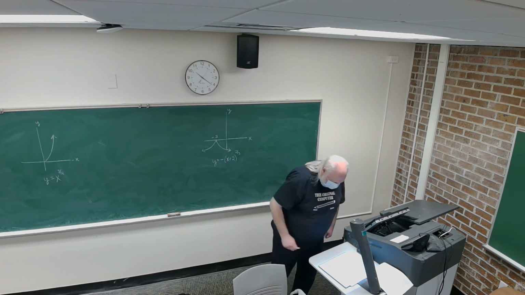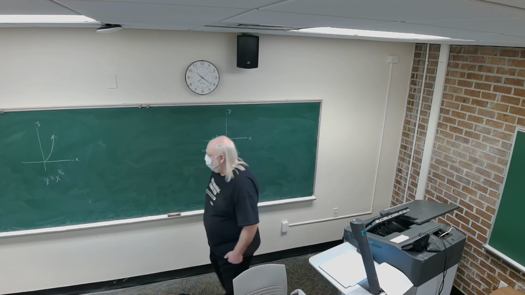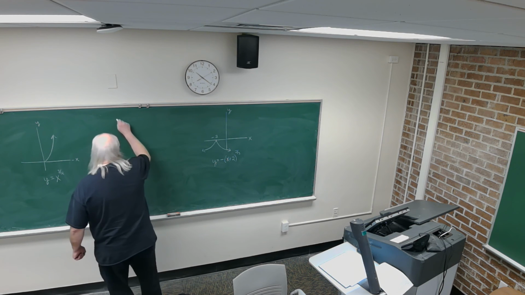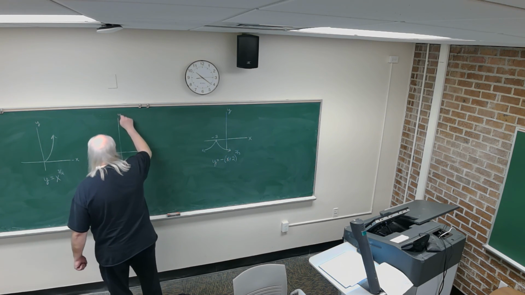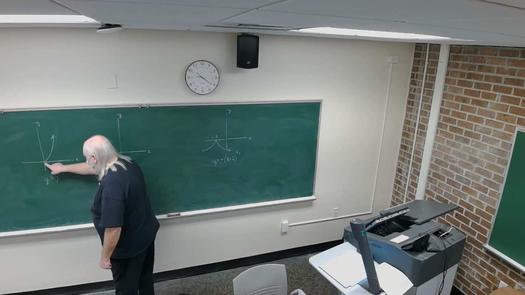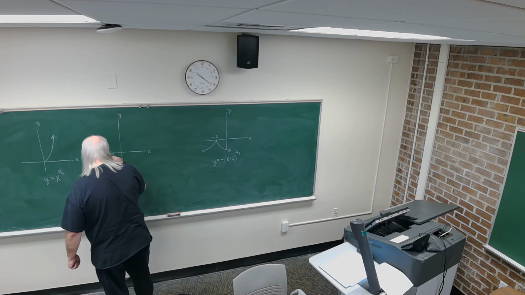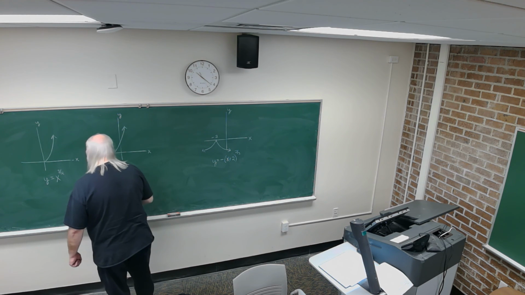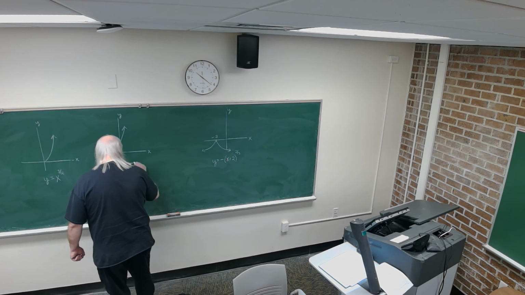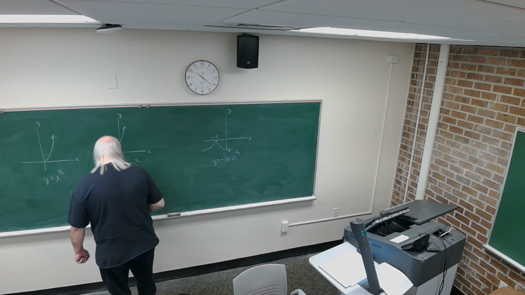And first transformation is to shift that graph to the left 1 unit. So this point at the origin gets shifted to x equals minus 1. So this is y equals x plus 1 to the 3/2.